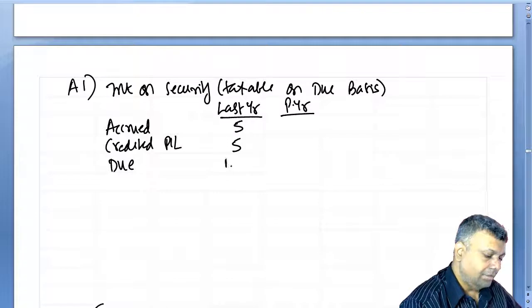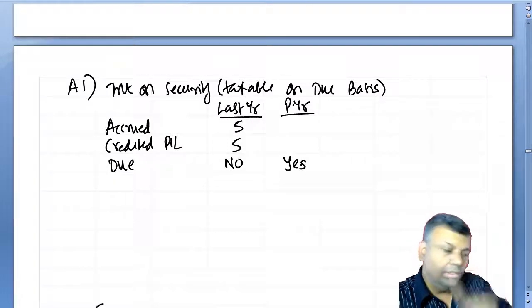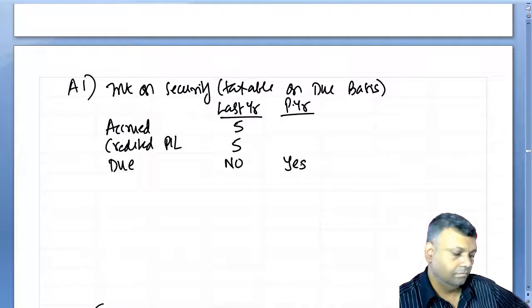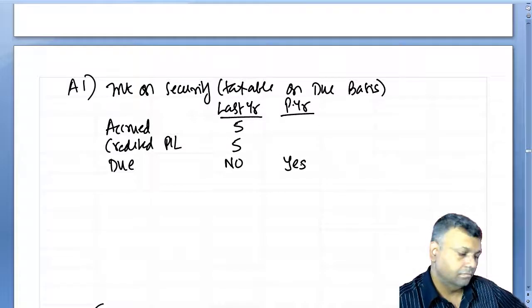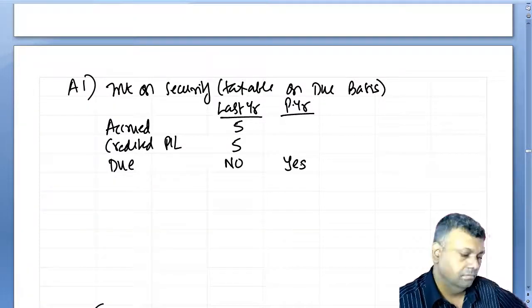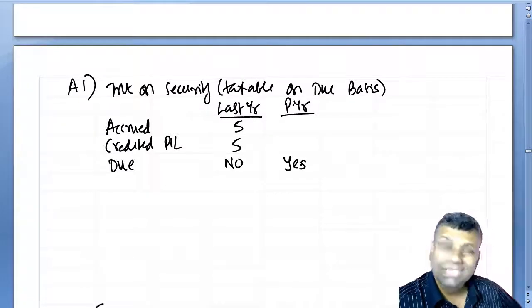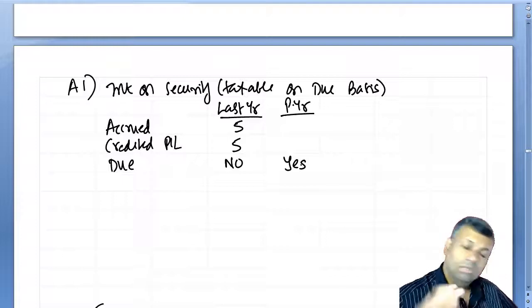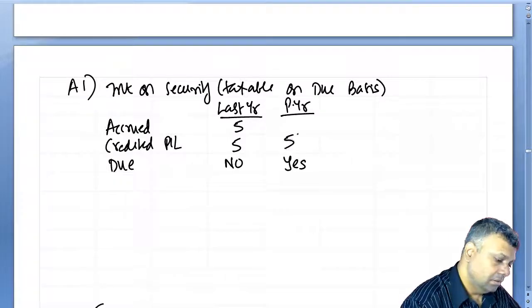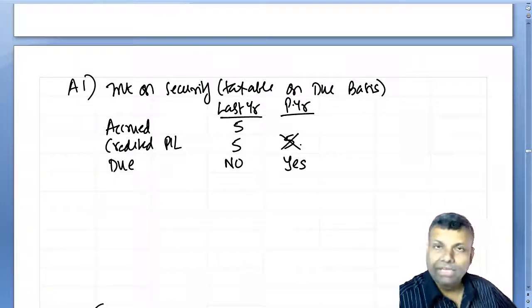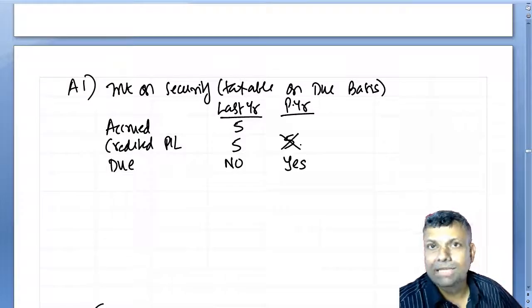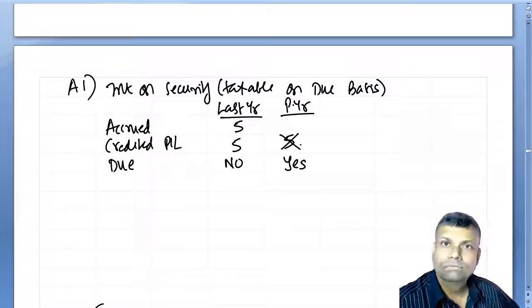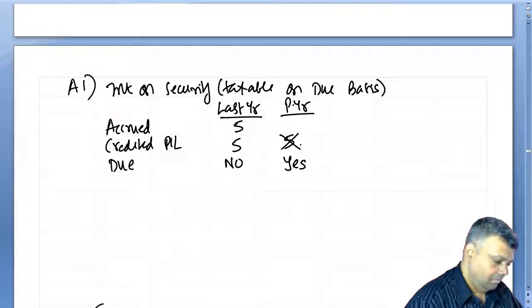Was it due in the last year? No. It is falling due in the previous year. So was it credited in the profit and loss of the previous year? No. Same amount cannot be credited 2 times in the P&L. So last year it was already taken to the P&L.